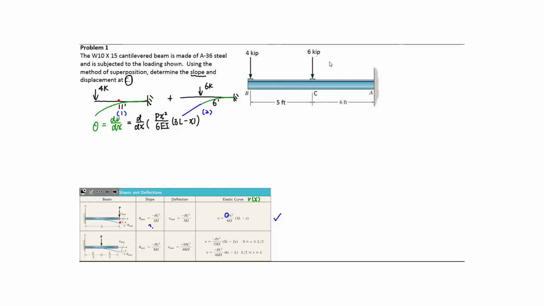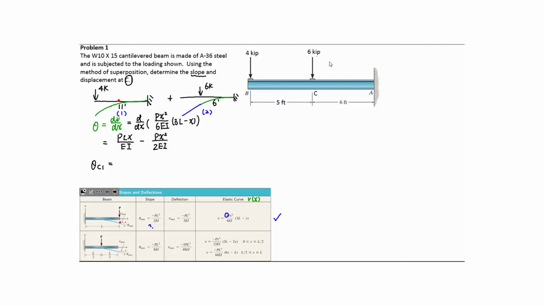So now let's see. This is the slope function. What we are going to do is plug in x so that we can find the rotation angle at C for the first structure.